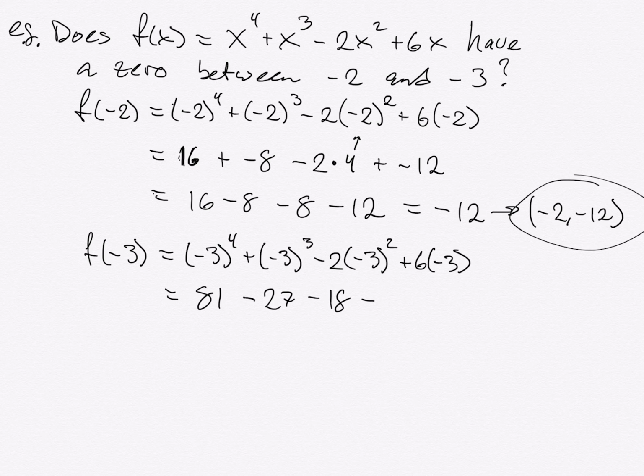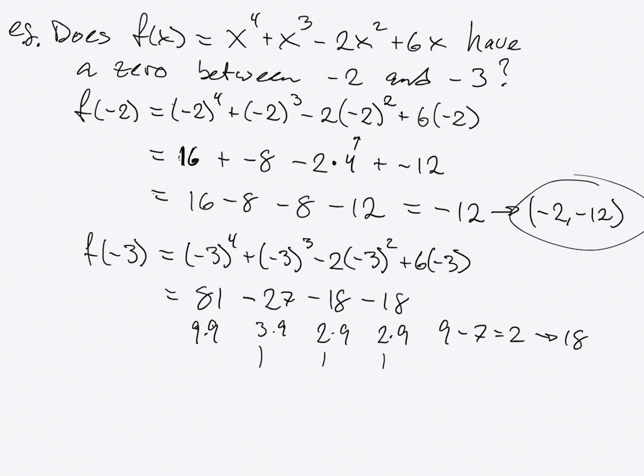And here's another -18. This is 2 nines. This is also 2 nines. This is 3 nines. That's a total of 3, 5, 7 nines. This is 9 nines. 9 nines minus 7 nines equals 2 nines, which is positive 18.